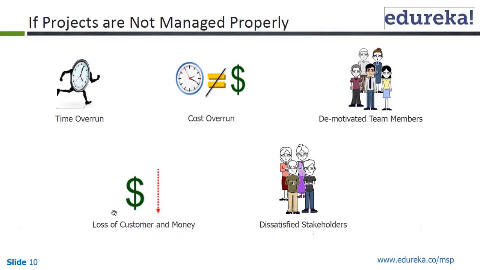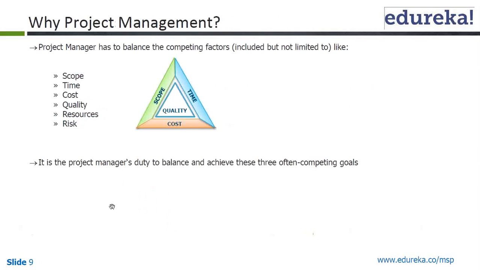Not only will he not give you any further projects, he will also not spread the word positively, rather he will spread it negatively, and that will affect the organization adversely. Hence managing a project is a very important task, and how we do it is explained here.